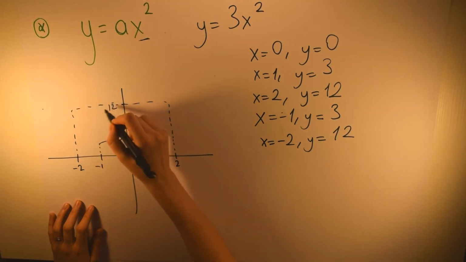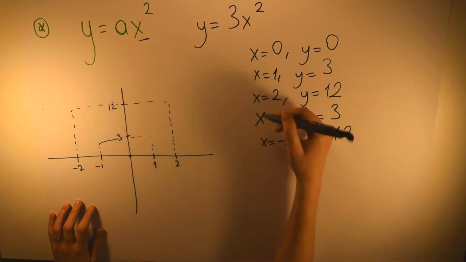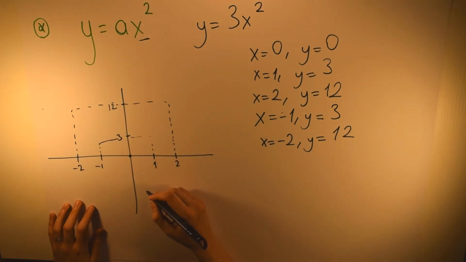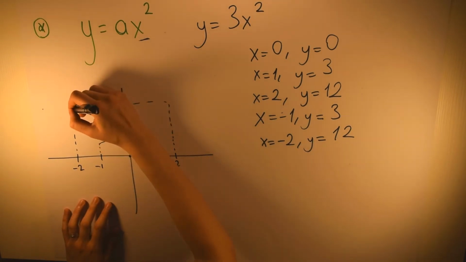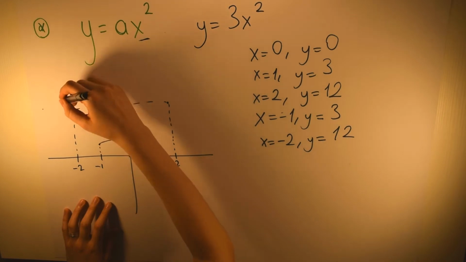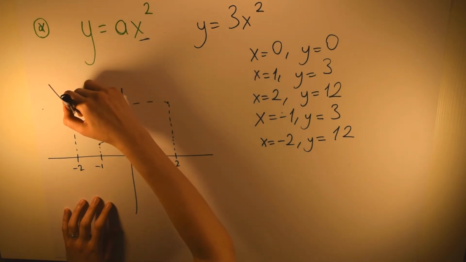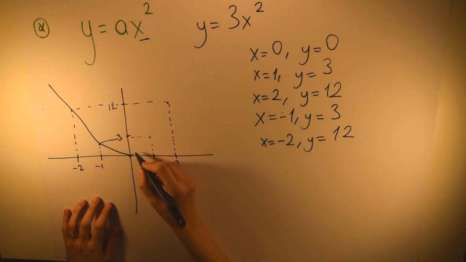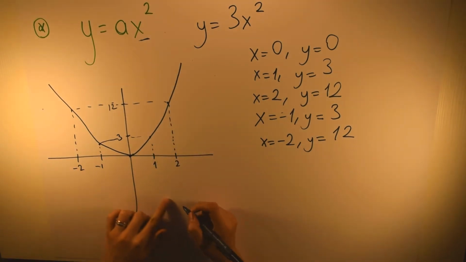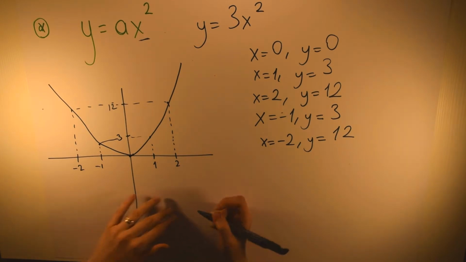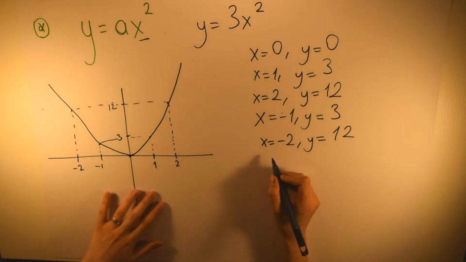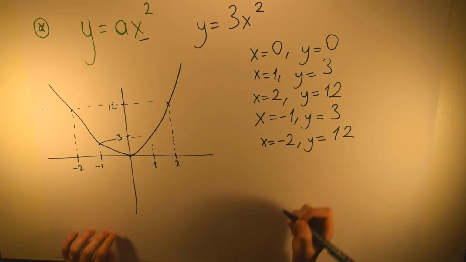So you just put these values on this graph, and then your parabola will be something like this. You will just mark these points and then you will join them together. It will be something like this. Okay, so this will be your parabola. You don't need to find your vertex point. This is actually much easier. You just find these values and then you will put them on your graph.